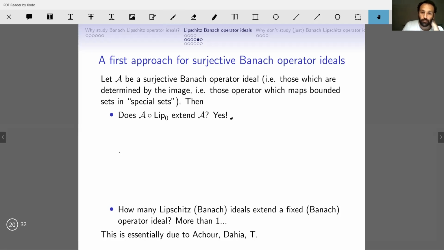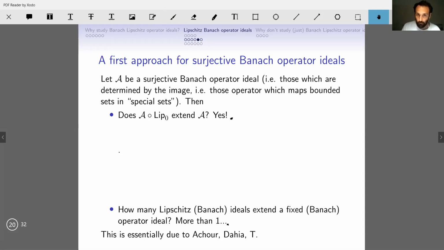And how many Lipschitz ideals extend a fixed surjective operator ideal? Well, more than one. We showed this with Professor Artur Lahia, and in fact, we answered this question using a specific surjective operator ideal, but using the same idea, one can extend this to any surjective Banach operator ideal.